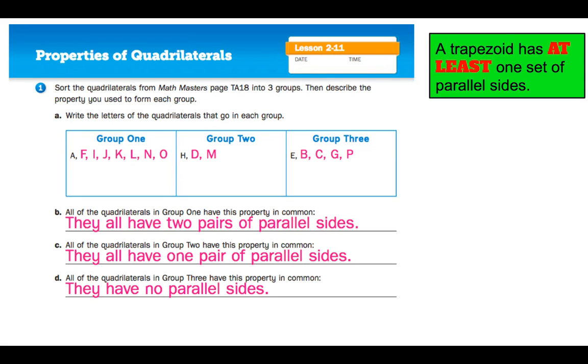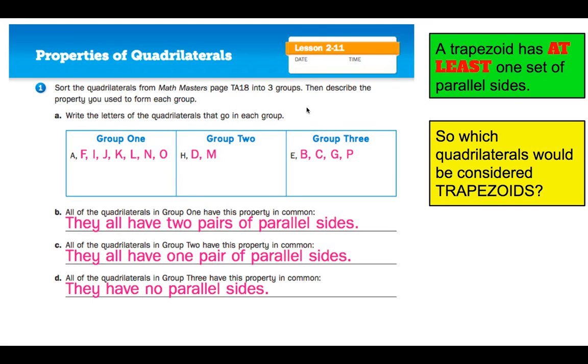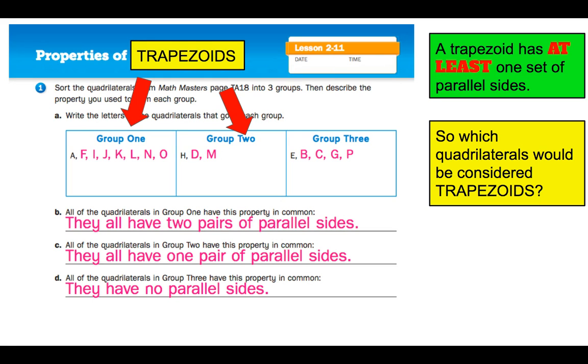Now, a trapezoid has at least one set of parallel sides. So which quadrilaterals out of these groups would be considered trapezoids? Well, that would be group 1 and group 2, because again, in group 1, these are all trapezoids.